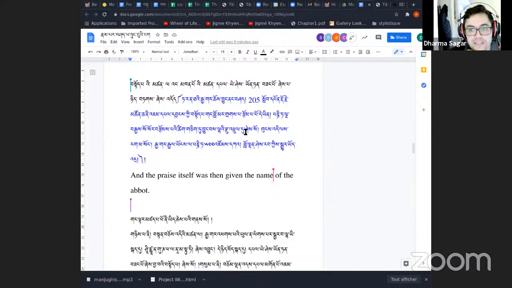It is also said that this praise was written independently by 500 panditas, and that their compositions had exactly the same words, and because of that, it is the miracle of deities that made the composition in this way.